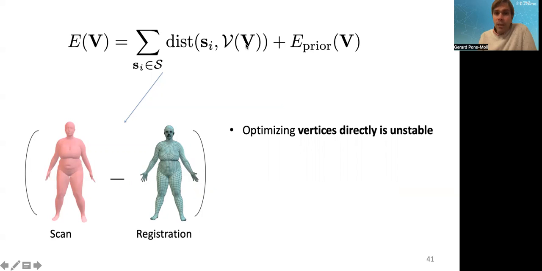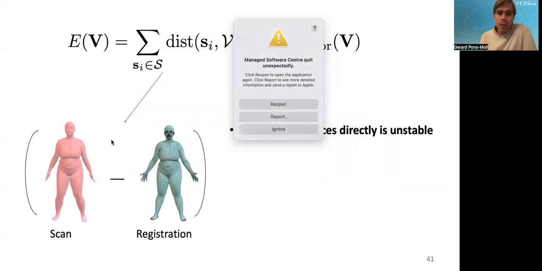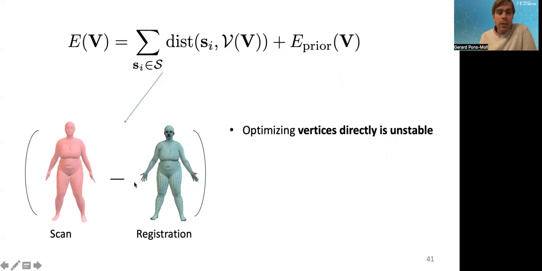If you let the vertices move to match the corresponding points, what's going to happen is going to be a complete disaster, because at the beginning, you're going to find some correspondences, and basically the vertices will move in an unconstrained manner, and the solution will basically break. You can use some priors, for example to maintain smoothness over the mesh, but even with this, it will be very difficult to register the green mesh to the pink mesh.